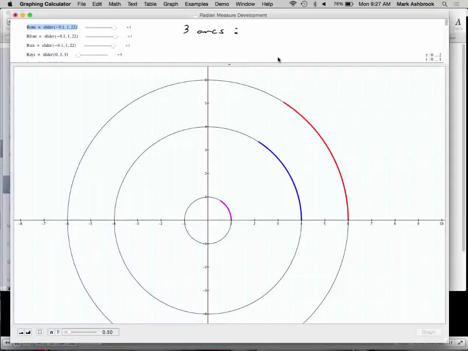So 3 arcs. I want you to name as many things as you can that are different about those 3 arcs and that are the same. Okay? The color does not count as different.